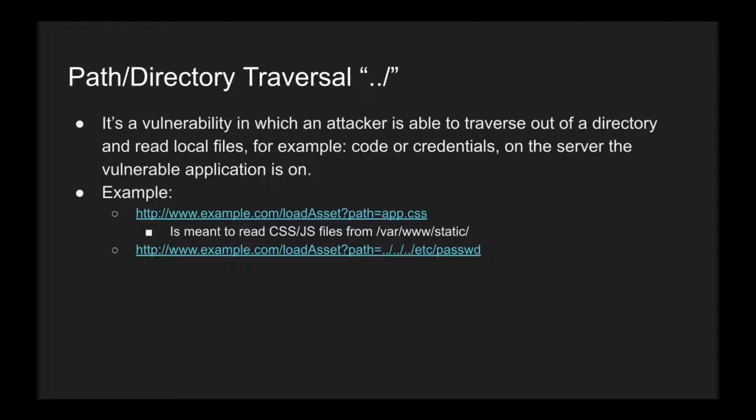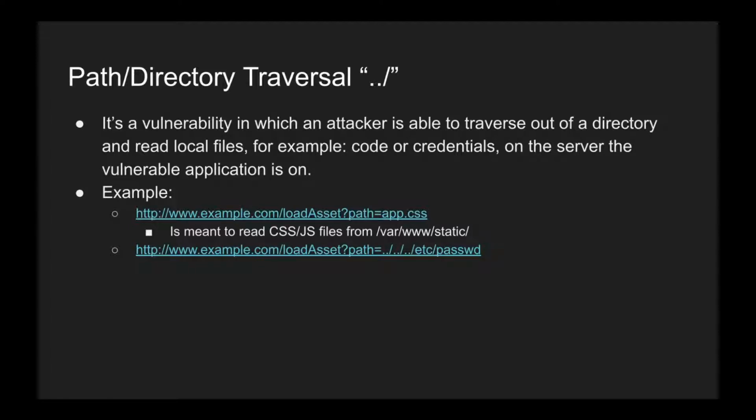Next, I'll talk a bit about path or directory traversals. A little generic, but it's a vulnerability in which an attacker is able to traverse out of a directory and read local files, for example, hard-coded credentials on the server the vulnerable application is on. I've seen this in a lot of places as well.